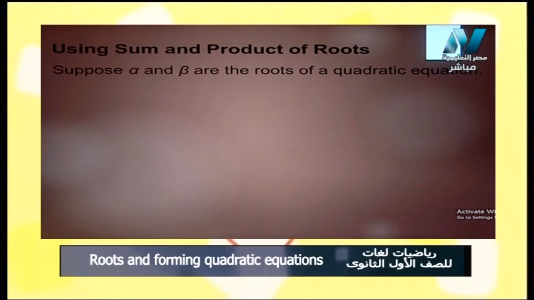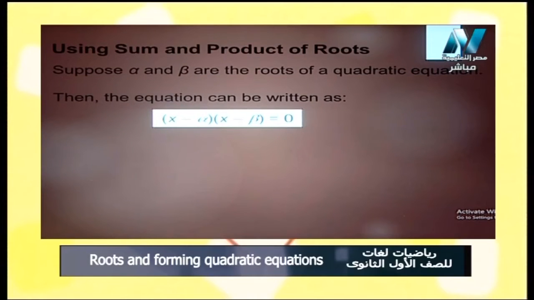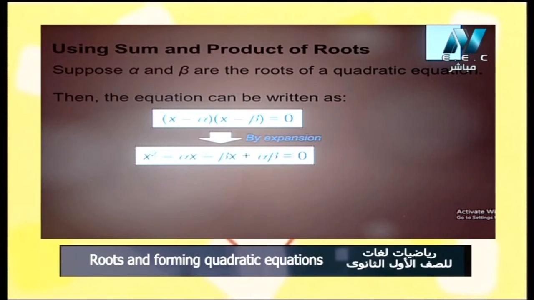Suppose alpha and beta are the two roots of the quadratic equation. Then the equation can be written as x minus alpha multiplied by x minus beta equals 0. And by expansion it will be x multiplied by x equals x power 2, and x multiplied by negative beta equals negative beta x, negative alpha times x is negative alpha x, negative alpha multiplied by negative beta equals positive alpha beta, and the answer of course equals 0.